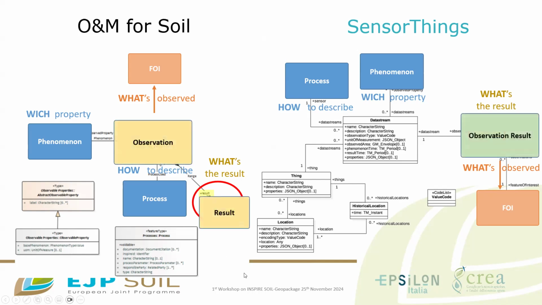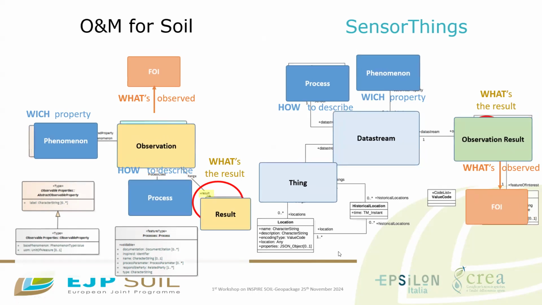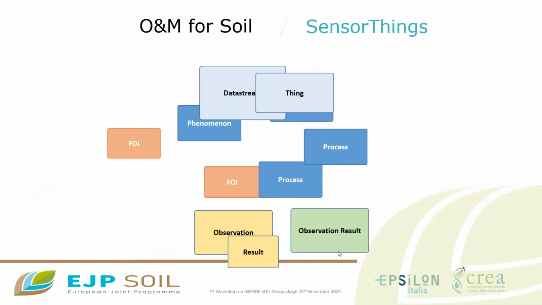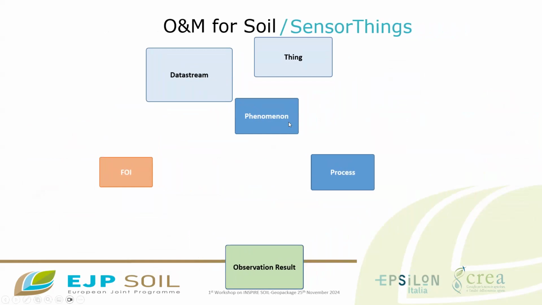In the Sensor Things API we have, in addition, the data stream concept, the data stream and the thing, so the measuring instrument. So there is a perfect overlay regarding the phenomenon, the process, the feature of interest, and the observation result. But we then have the concepts of data stream and the thing.